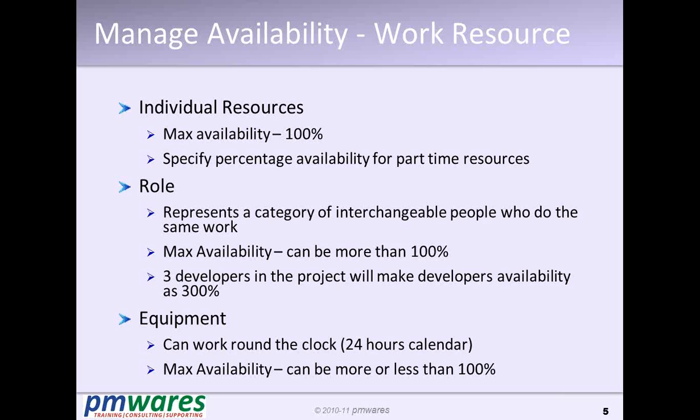So 300% of developers means 3 developers. Now we can define developer 1, developer 2, developer 3 as well. And I will tell you when we need to define 1, 2, 3 or 1 to 500%. Equipment is similar to role, the only exception is that it can work 24 hours a day.